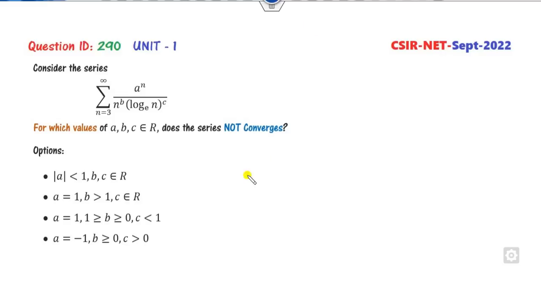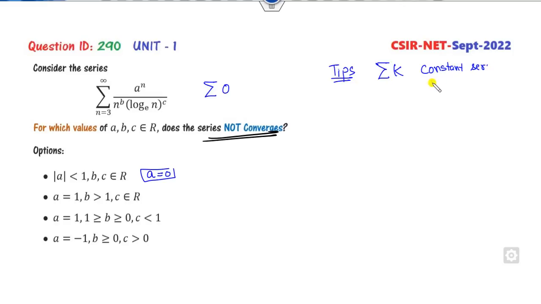Okay, look at this series. Which of the following is not convergent? So we need a divergent one. Look at the first option, mod of a less than 0. I can simply take a as 0. So what is my series? 0. Fine. This tip I already mentioned each time: a constant series is always divergent except 0.